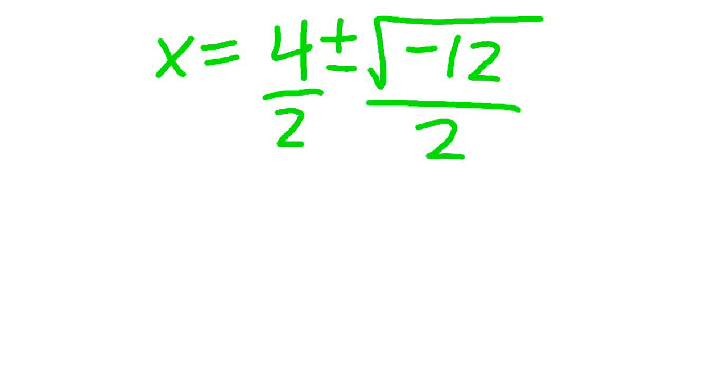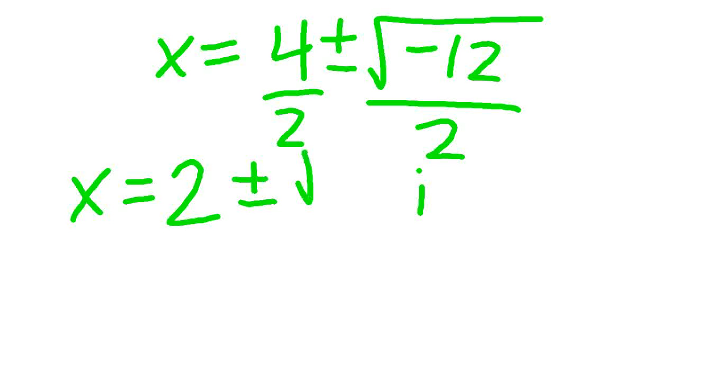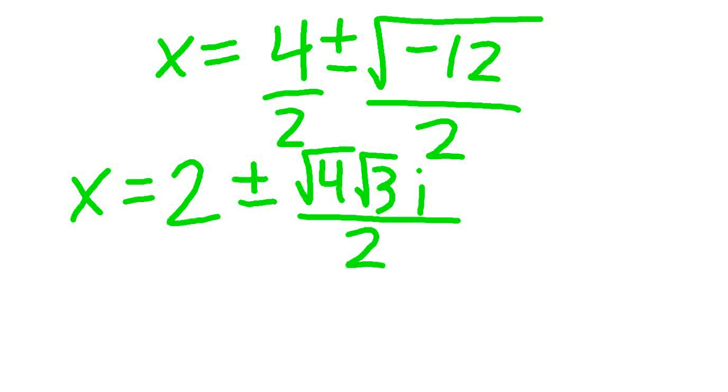Okay, so x equals 2 plus or minus, so with negative 12, we can pull out the square root of negative 1, which gives an i, and that 12 then breaks down to the square root of 4 and the square root of 3, all over 2.